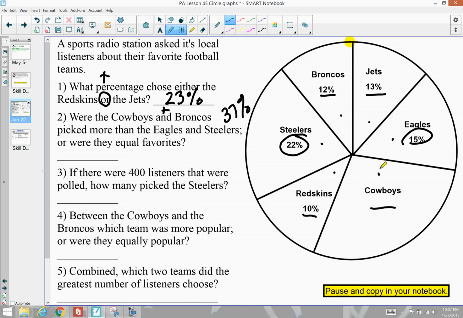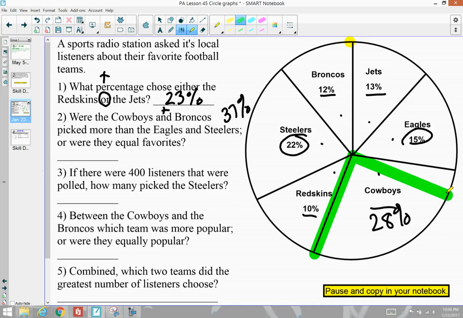And if I take that away from 100%, that leaves me with the Cowboys being 28%. That would make the whole thing equal 100. And as we were talking earlier, remember 25% is going to be 1/4 of your circle graph. So that would be roughly like that.